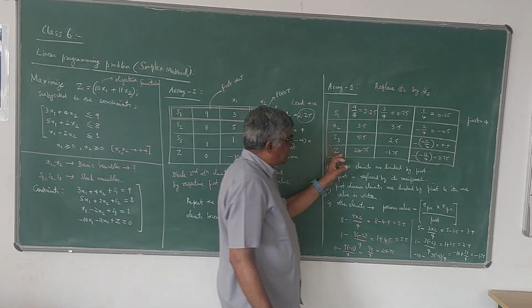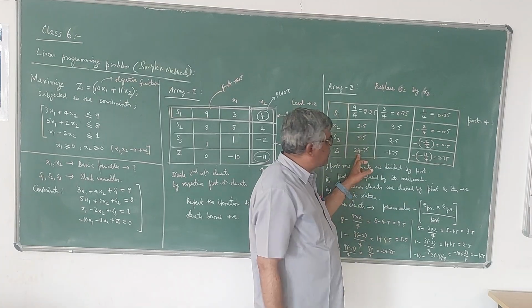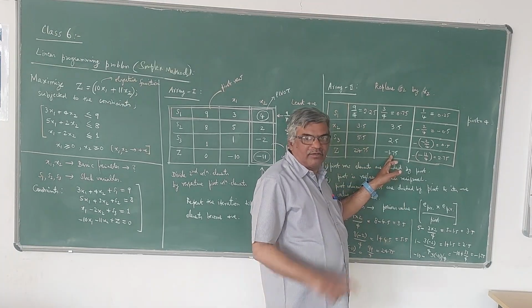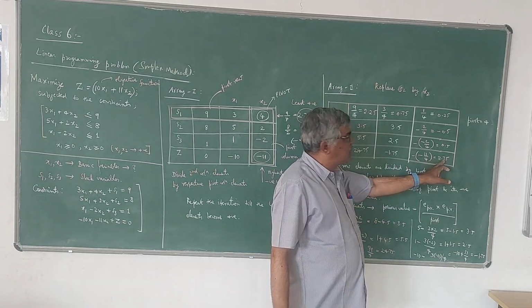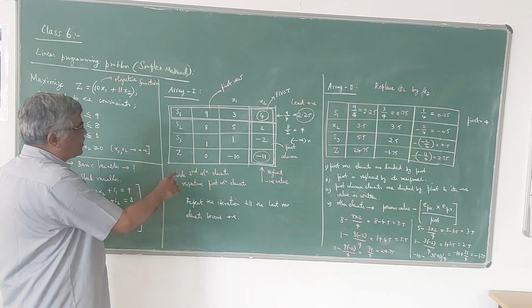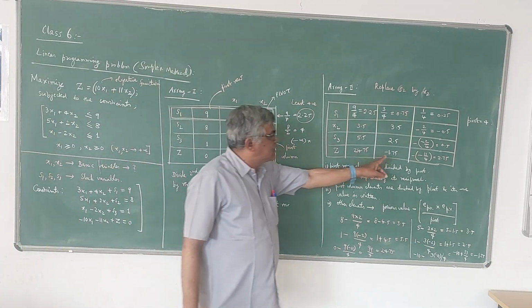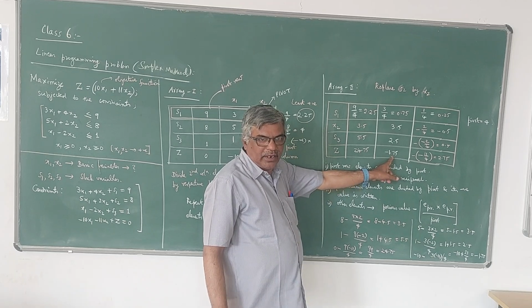Now, among these, once again, you can observe here 24.75 is positive, minus 1.75 is negative, 2.75 is positive. What I told you: in the last row, the highest negative value is there, and the highest negative value is this, minus 1.75.